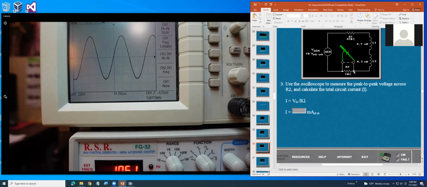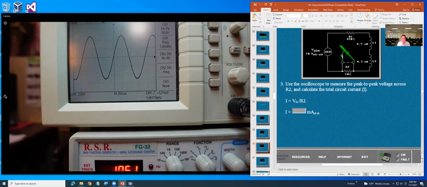Yes. Okay. Now, what they want to do here is measure the AC current going through the circuit. But you understand you cannot use the scope to measure the current.